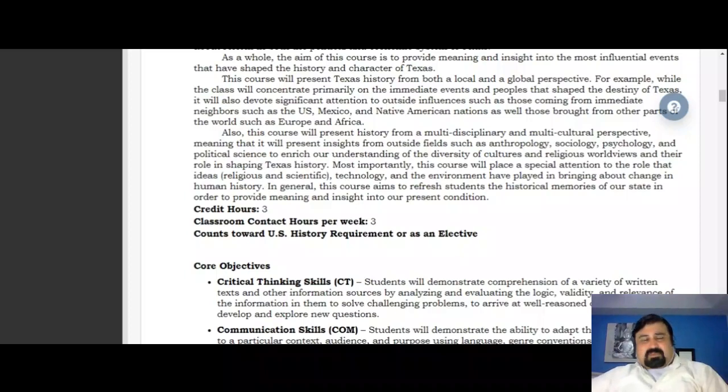So it is important to understand the cultures of the people that we study in the past, not just to memorize what happened, for example, to memorize dates or the names of specific individuals, or to memorize laws or the names of political parties and so on. So that's important, but we also need to know how people used to live.